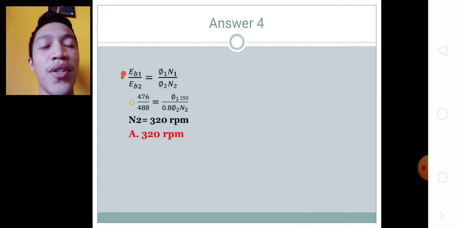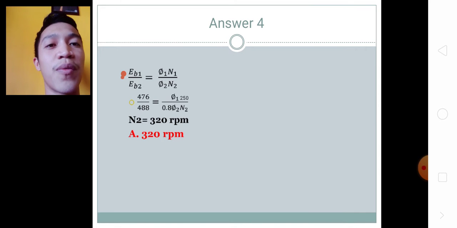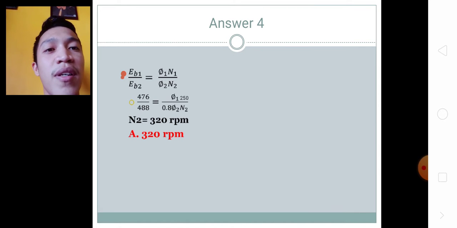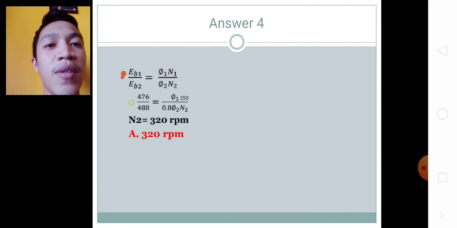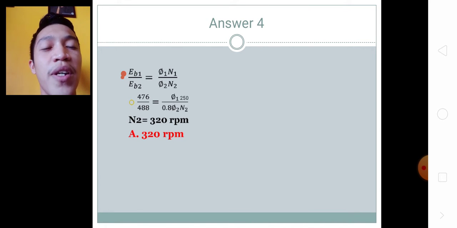Then we have the equation EB1 over EB2 is equals to flux times speed of the first one over the second flux times the second speed. We already solved the voltage 1 and voltage 2, that's 476 over 488, is equals to, we cancel the flux, 250 over 0.8 times the second rpm.